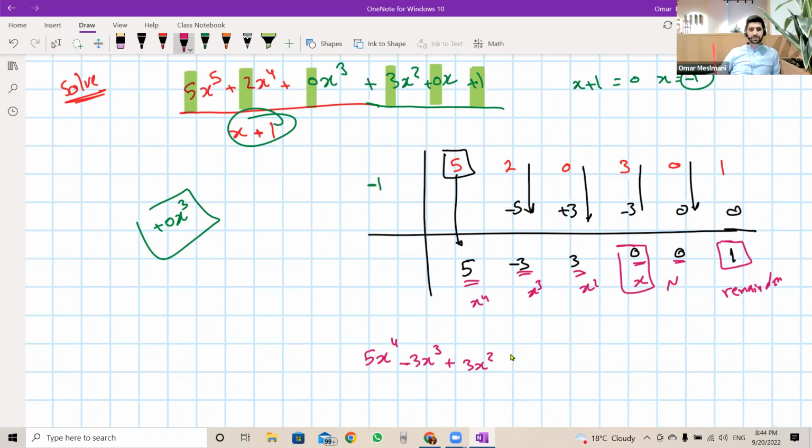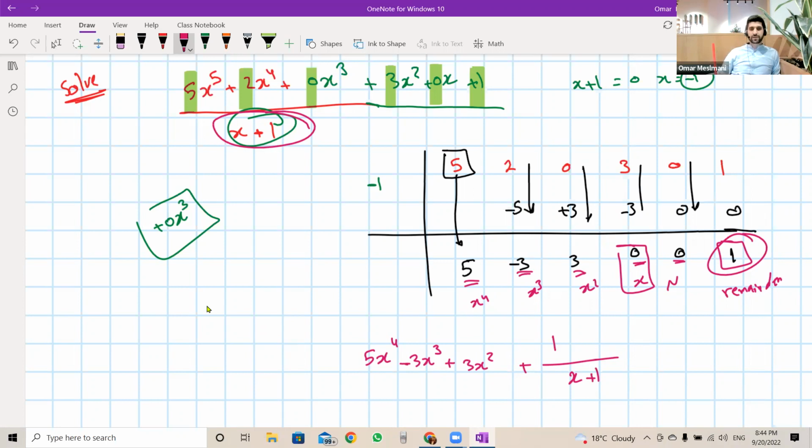Only the remainder, 1 over the same fraction. If you write it, it's no problem, but prefer not to, because this question is going to be multiple choice.